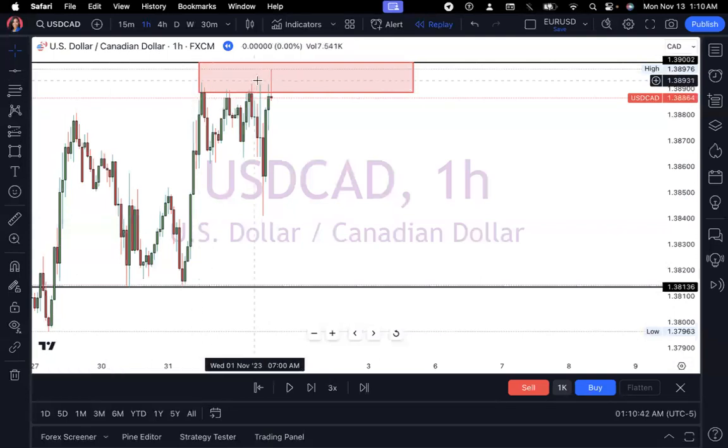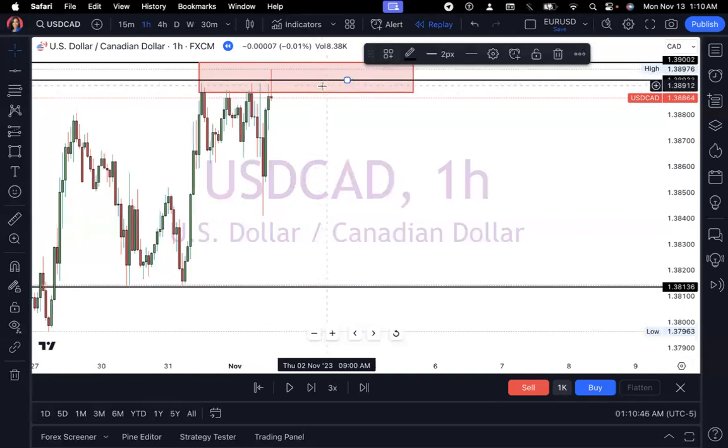And I like to do this by pretty much setting a sell limit. We're focusing on supply, and I'll put it about halfway in my supply zone. And the best way to capture your supply zone is to have the entire body of the most recent wick, plus the lowest wick that you can find. So this entire area is supply.